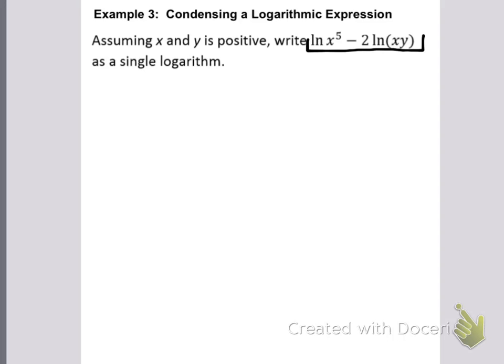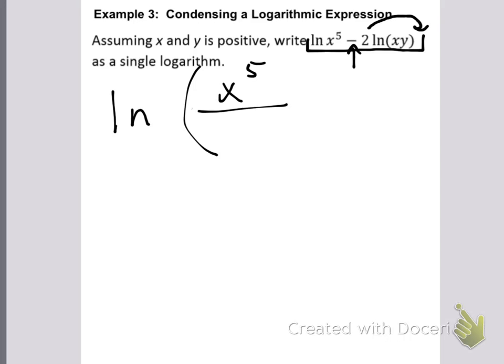Okay? So we have a subtraction. Subtraction means we divide. So I have ln x to the 5th divided by, whoops, sorry, screwed up. So ln x to the 5th divided by, now, see this 2?